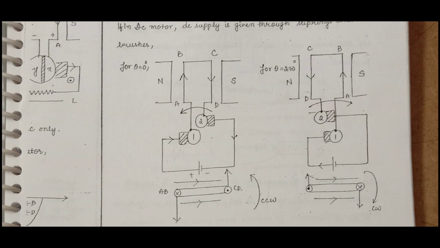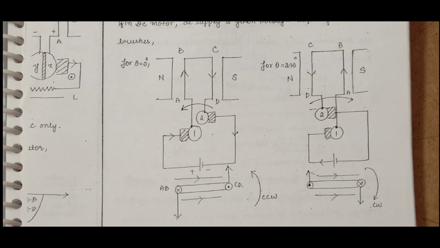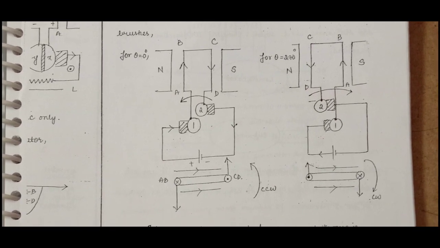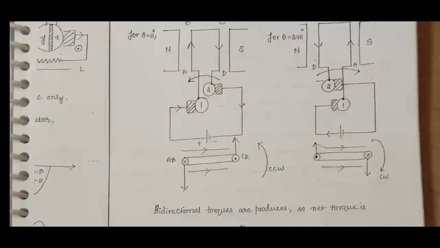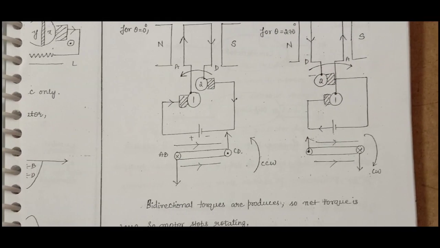If slip rings are used, then at theta equal to 0 degrees, a counterclockwise torque is produced, and when theta equal to 270 degrees, a clockwise torque is produced. For motoring action we need one direction of torque, either counterclockwise or clockwise, but it is rotating in two directions at theta equal to 0 and theta equal to 270.